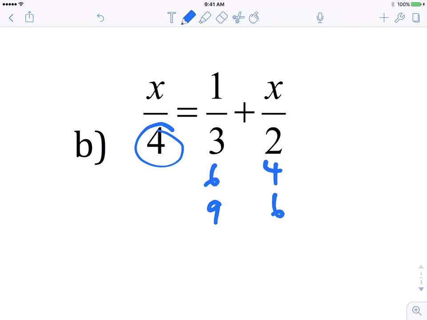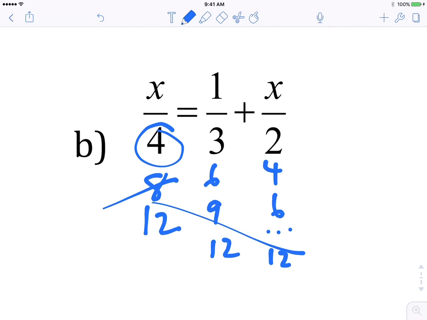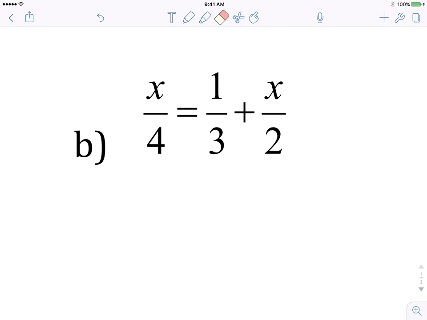So the multiples of 4, of course, are 4, 8, 12. Well, 8 doesn't work with 3, so that can't be it. But 12, you'll notice, soon does. 3, 6, 9, 12, and 2, 4, 6, 8, 10, 12. So dot, dot, dot there. And so 12 is going to be our lowest common multiple, or common denominator.